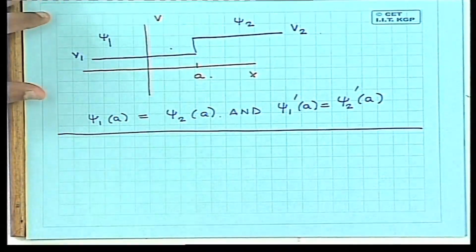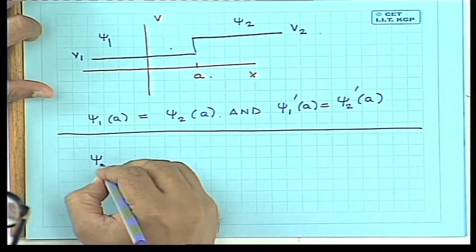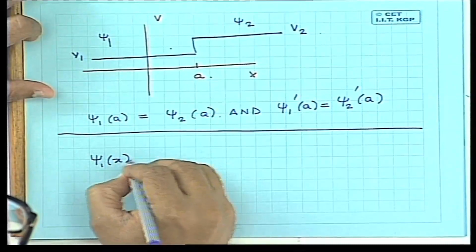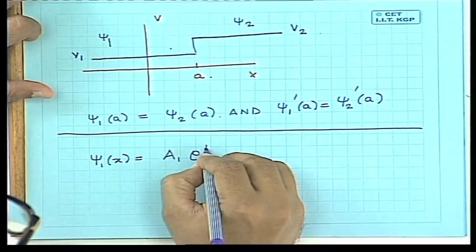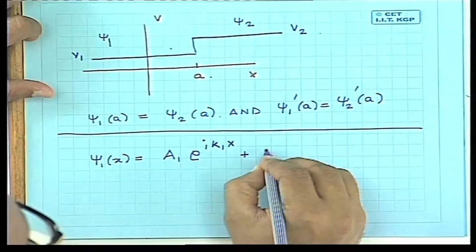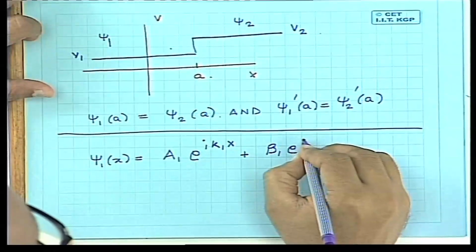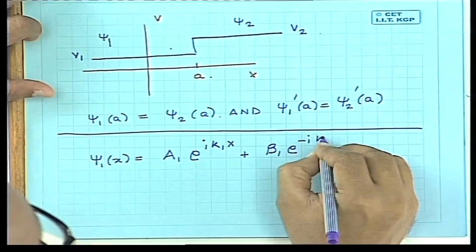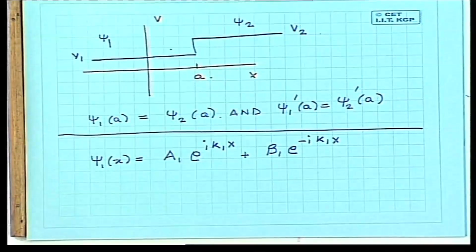Now, on the left hand side, the wave function psi 1 of x can be written as some A1 e to the power i k1 x plus B1 e to the power minus i k1 x, where k1 we can calculate using the potential V1.